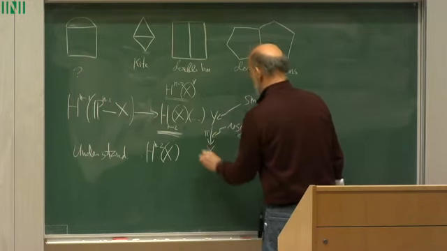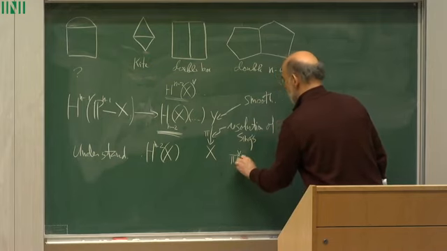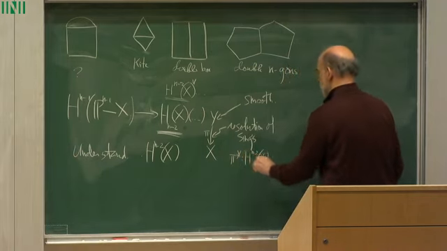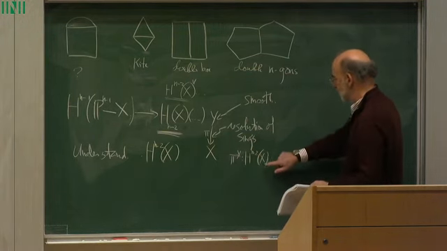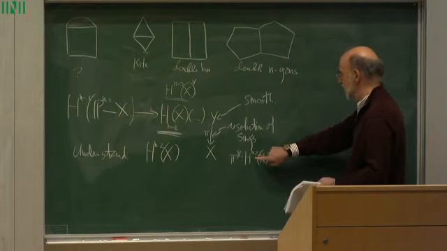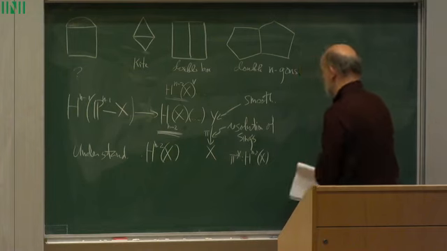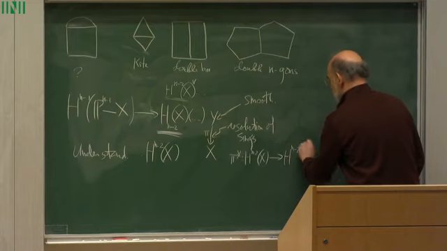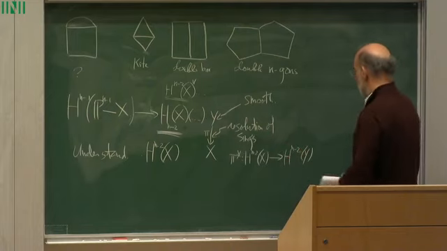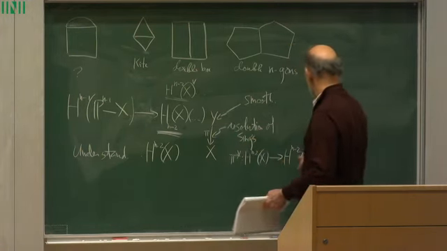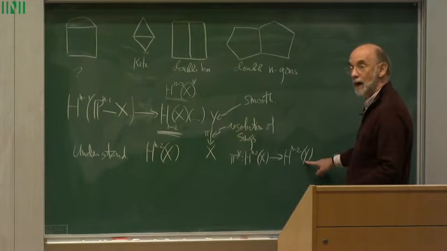So if I call this map pi, I have a map pi upper star from the middle dimensional cohomology of X, H^{n-2} of X. X is a complex manifold, so to have complex dimension n minus 2 means that n minus 2 dimensional cohomology is the middle. The top cohomology is 2n minus 4. So this is the middle, and it pulls back to H^{n-2} of Y. And now, we will have captured the most interesting nugget of information if we can understand this H^{n-2} of Y.